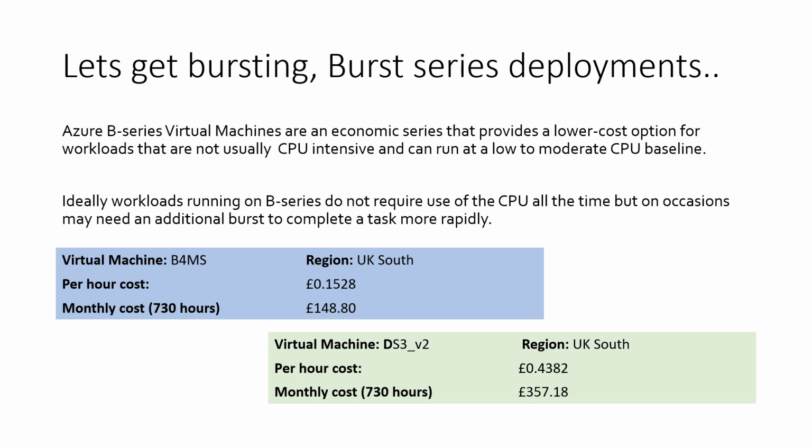It may sometimes be more cost effective to deploy the B series, but then you will be at a constraint because the virtual machine is constantly maxing out its CPU. The way B series work, it works on a credit basis, and once the baseline is met, the credits will start getting used up, and once the credits are all used, the baseline goes back down, and you can really have a bottleneck within your environment if that does happen.